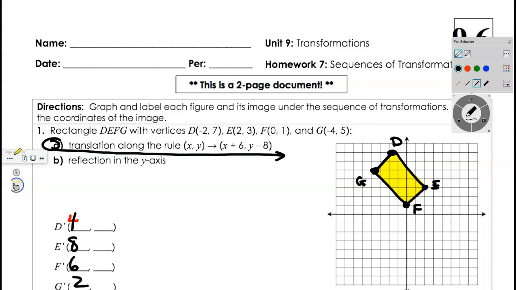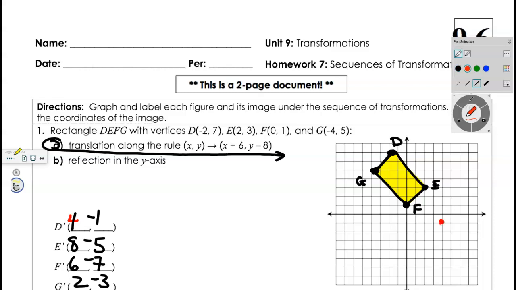Then I'm going to subtract 8 from all those x's. I'm going to double check them because if I did it wrong, it's not going to make a rectangle. 6, 6, 6, 6. I'm good. Subtract 8. All right. I'm going to replot and not shade.